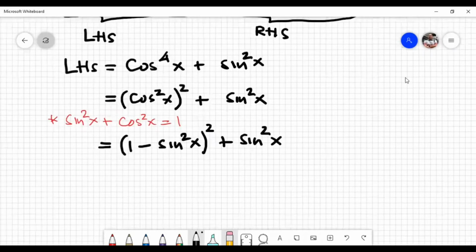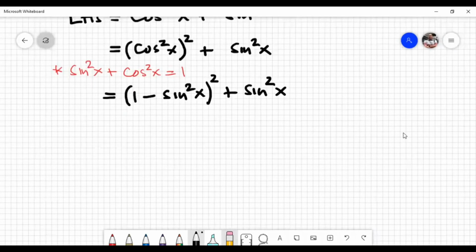Then the next process is to expand this one.